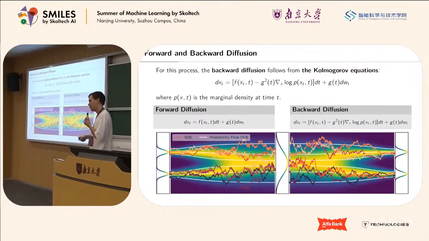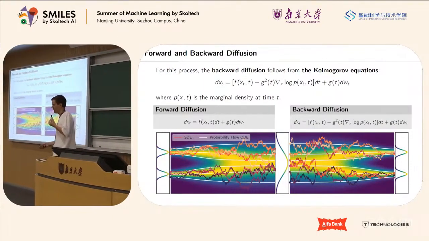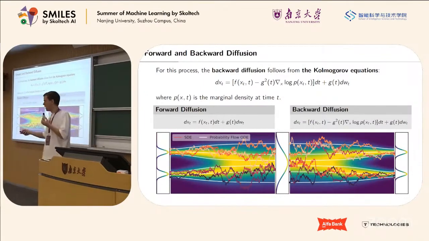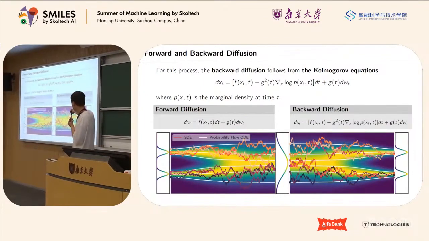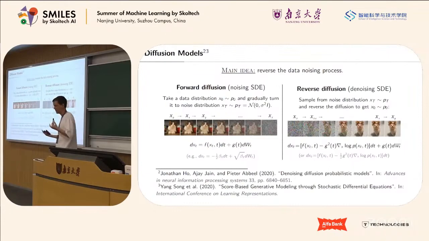Yeah, so this means that if we want to do data generation, basically going from a simple distribution to a complex distribution by the reverse stochastic differential equation, then we need to somehow compute or reconstruct this unknown term. And in practice, this unknown term is usually reconstructed with neural networks. So again, the main idea is as follows.